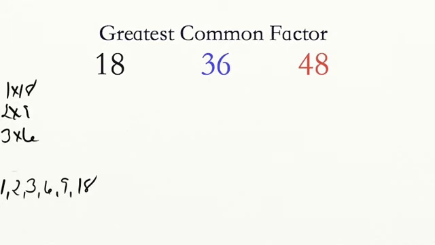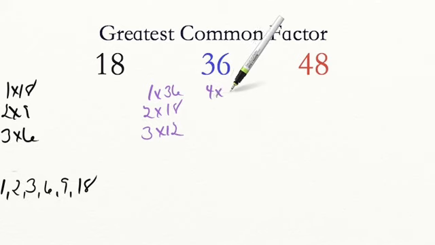All right, great job. Do you think you can do it again for the number 36? Let's go. We have 1 times 36, 2 times 18, 3 times 12, 4 times 9, and 6 times 6.